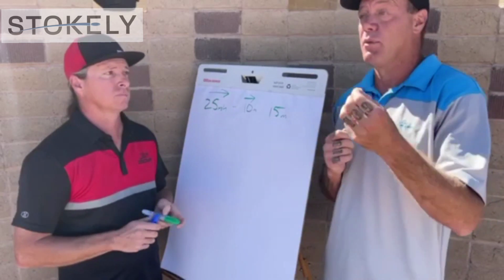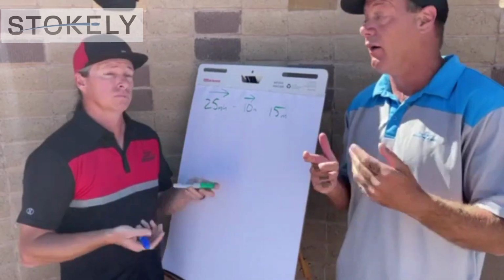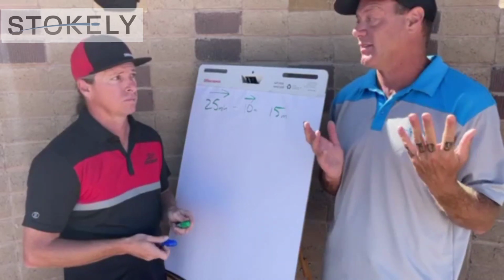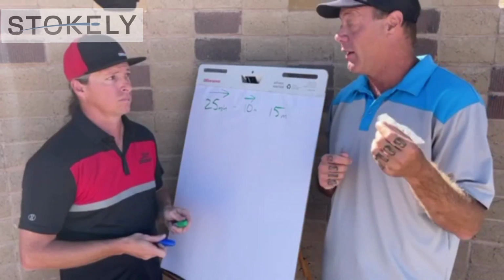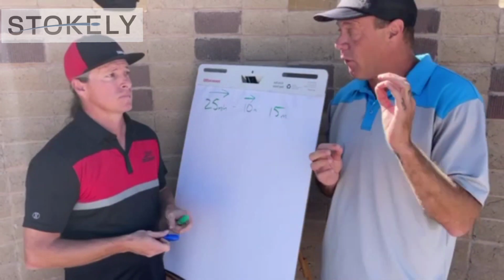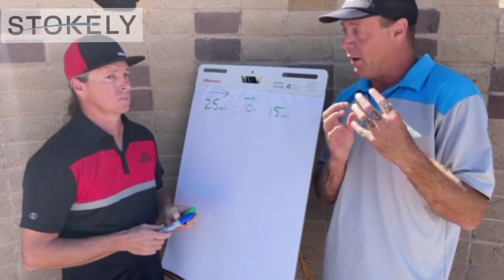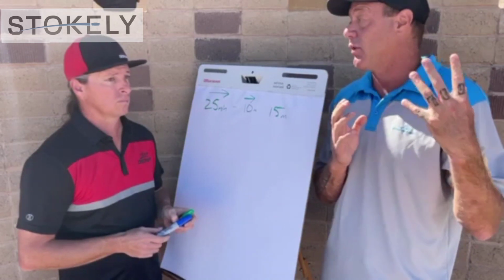When you have a little bit of a tailwind, you need to putt a little higher. Knowing why that happens isn't necessary to knowing how high to putt, but the more information you have, the more you can start to evaluate situations that are less predictable.